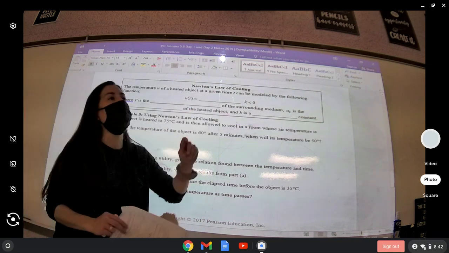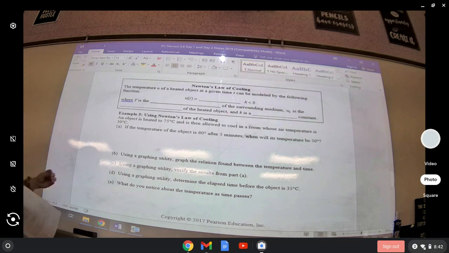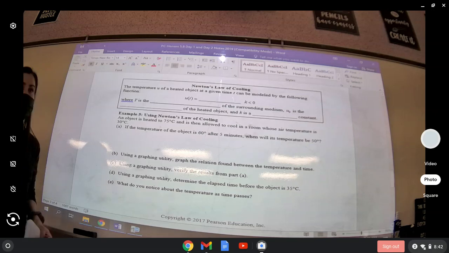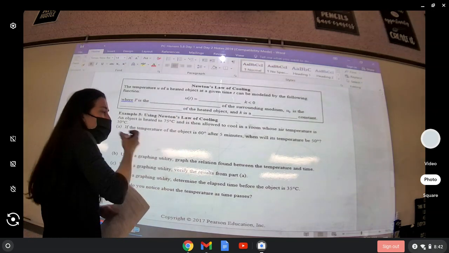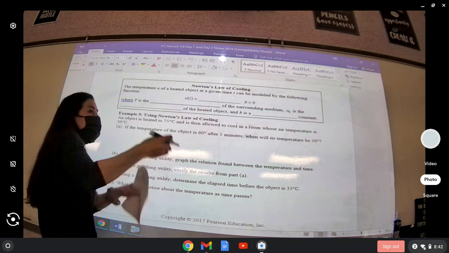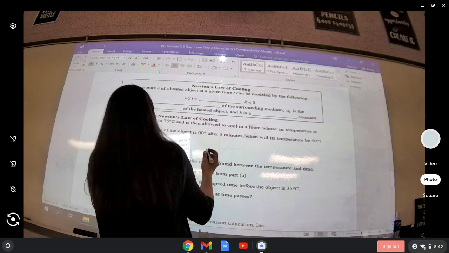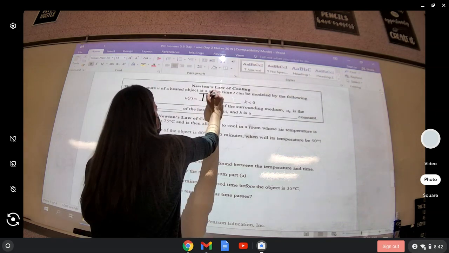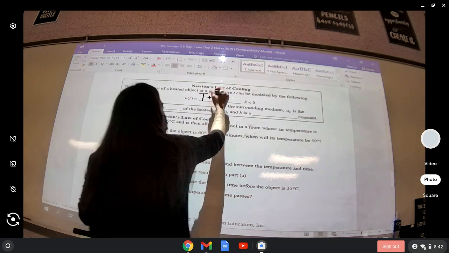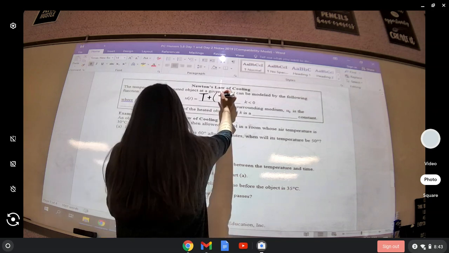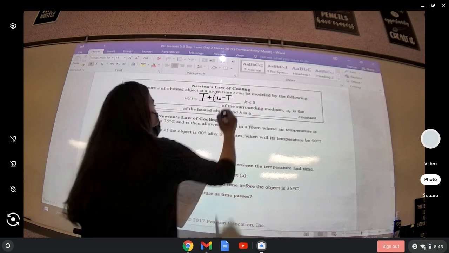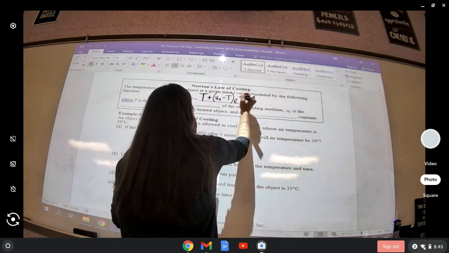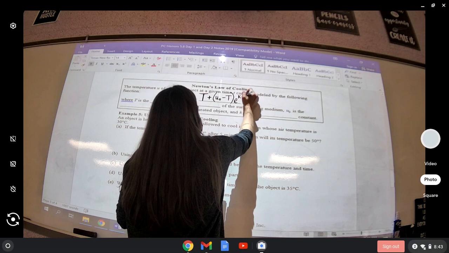All right, this one says Newton's law of cooling. The temperature U of a heated object at a given time T can be modeled by the following formula. Ready? It's not pretty. U of T, the temperature of your item that is being cooled after so much time, is equal to capital T plus the quantity U sub 0 minus capital T, times e to the KT.